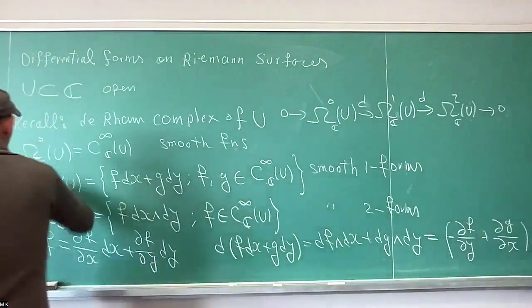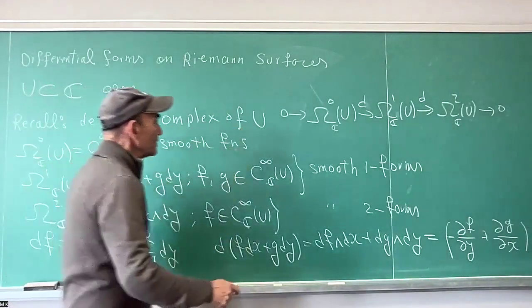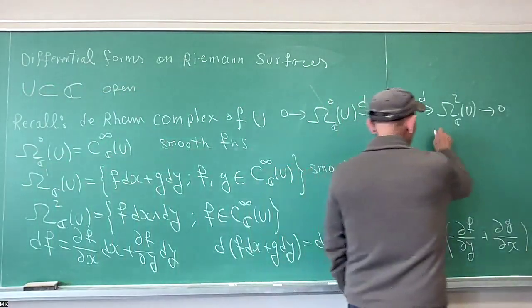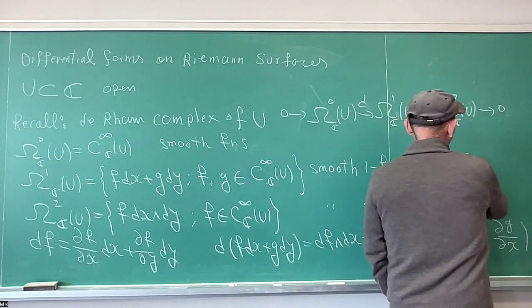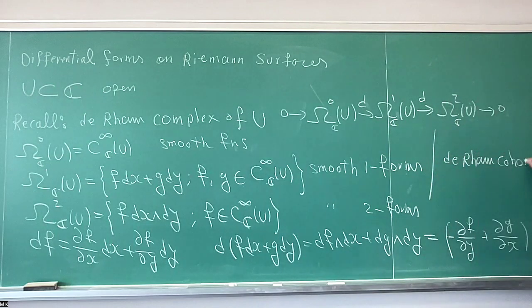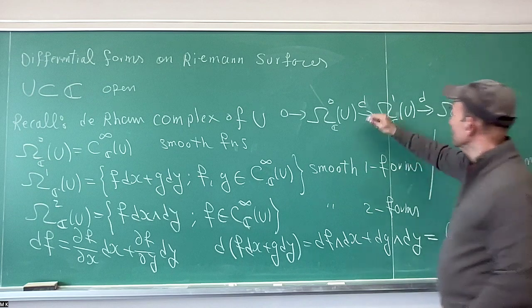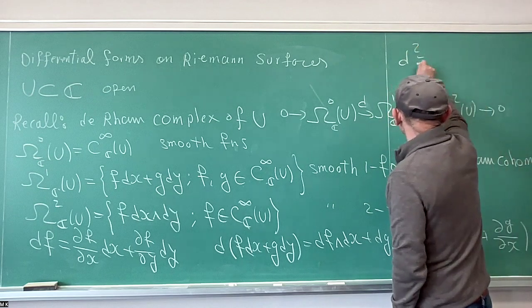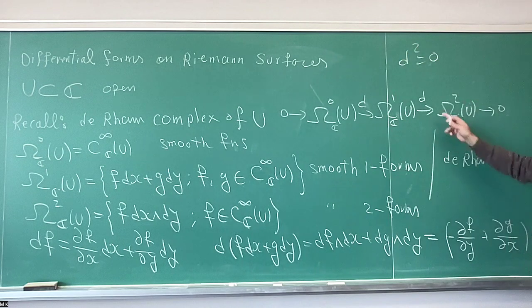Okay, so then we define the de Rham cohomology as well. Of course, d squared is equal to 0, and that gives you the cohomology of this complex.